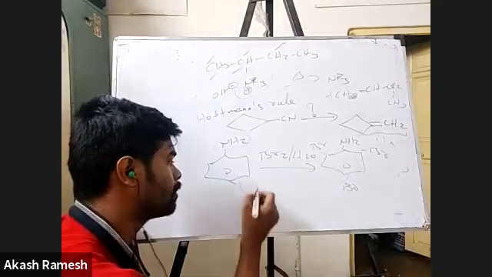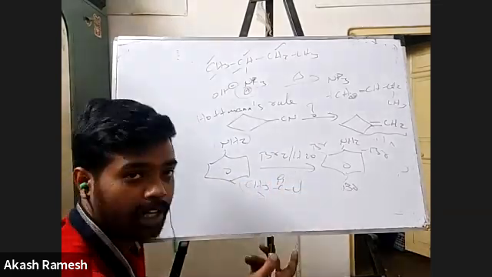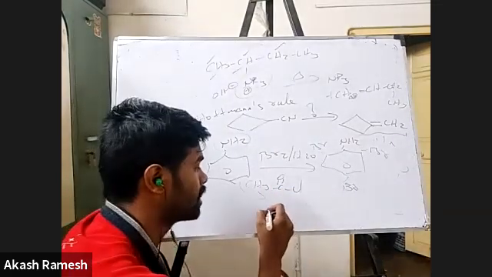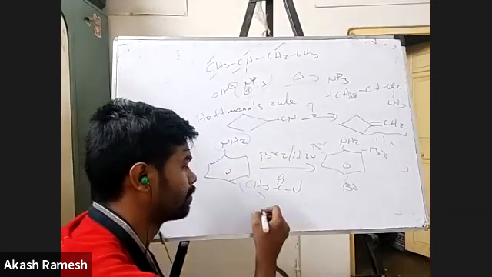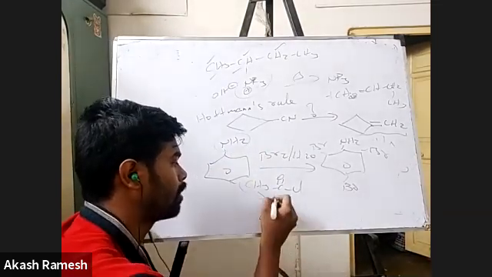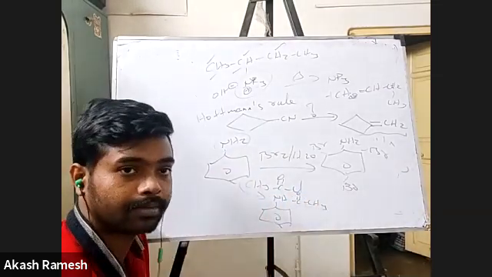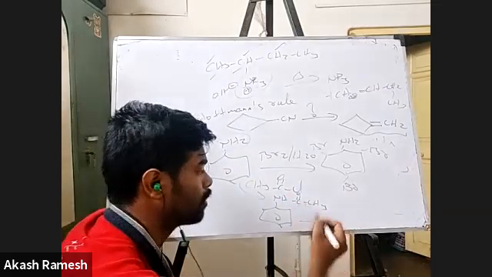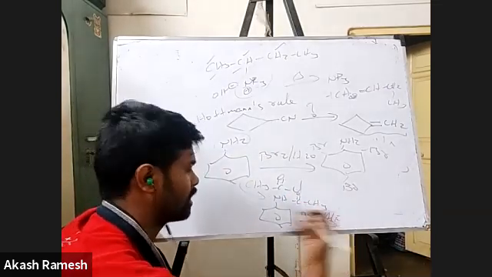So the first step would be to put CH3COCl. This is a primary amine, so I'm going to form an amide, NHCOCH3. Then you go for your bromination, Br2 in the presence of AlCl3 or FeCl3, whatever it is.